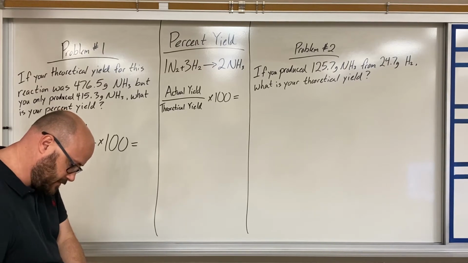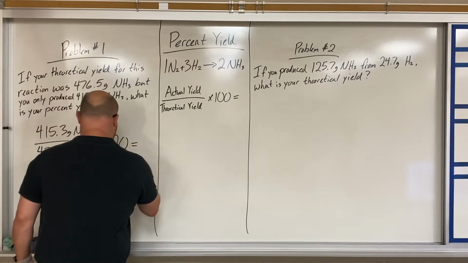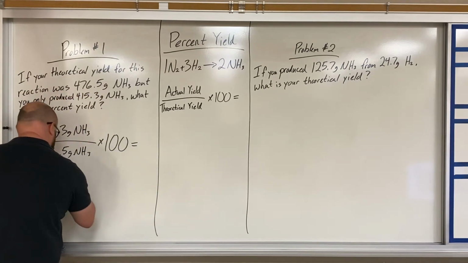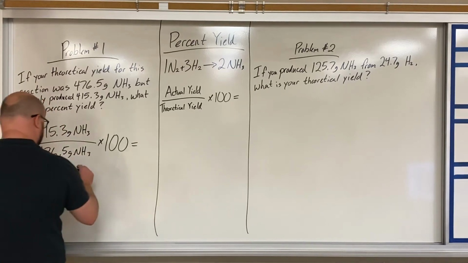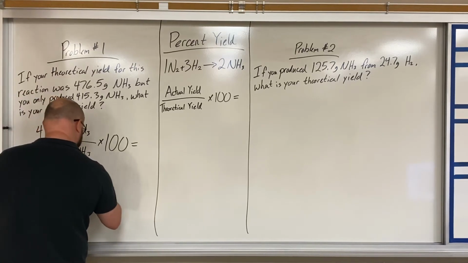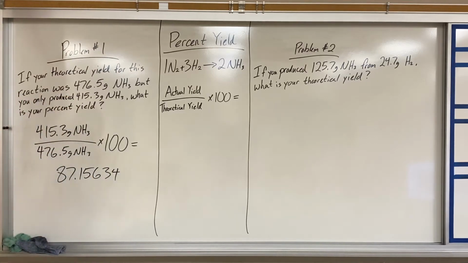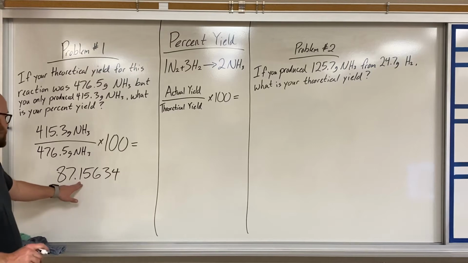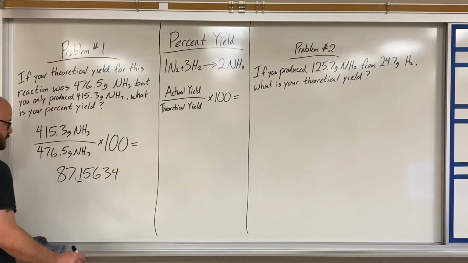Times 100 gives us 87.15634. And generally with percentages, you're going to keep it at 1 decimal place, and that's how many we had in the question anyways. So we're going to round to that first one.